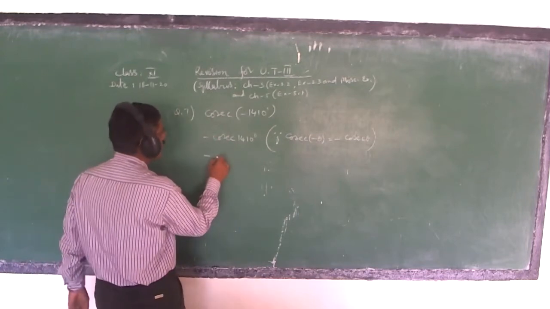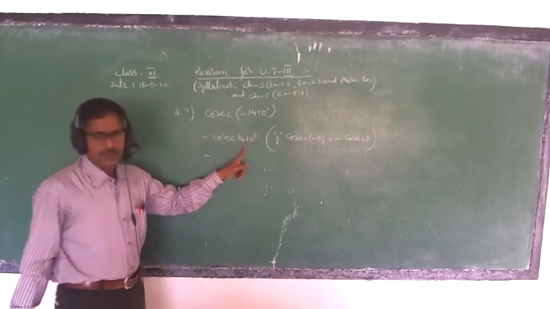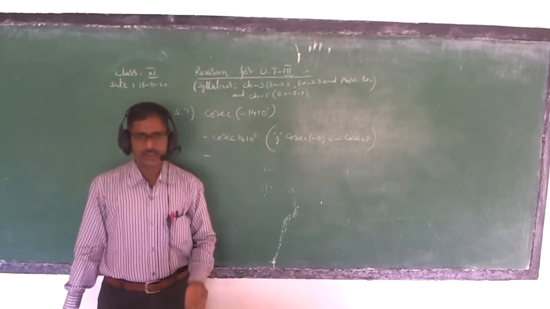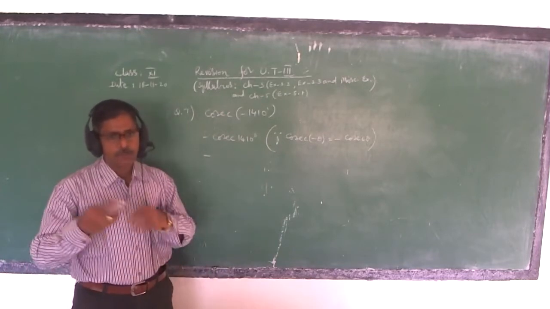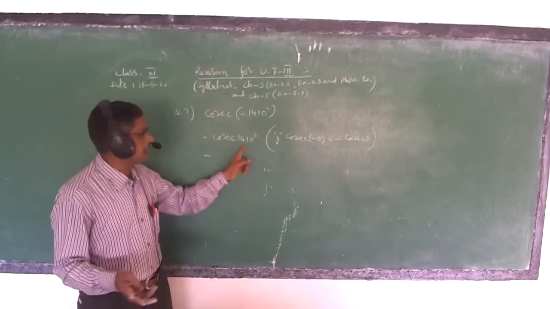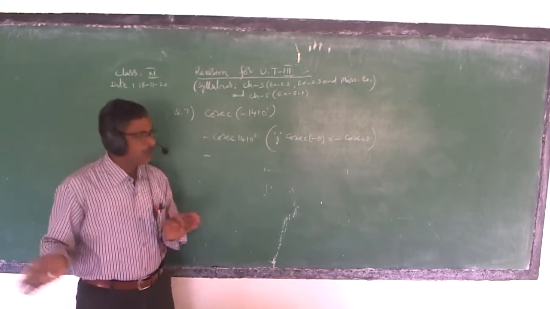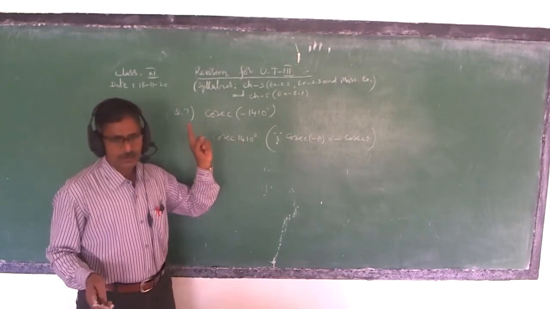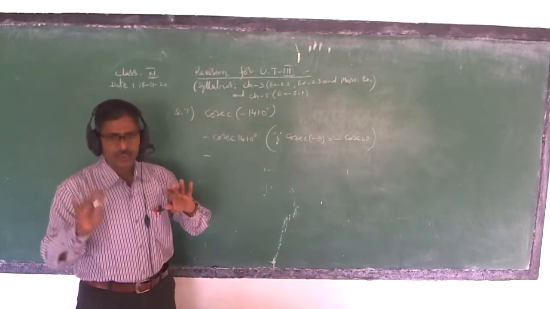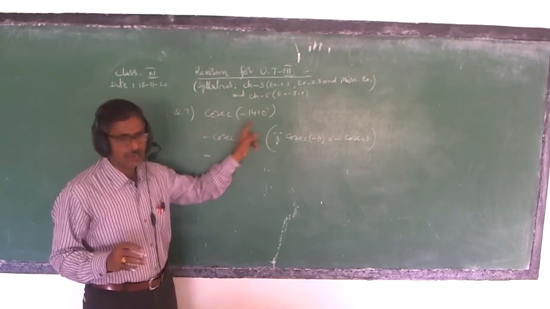Now, if the given angle is more than 360 degrees, see how many complete 360s are there in that angle. You subtract those many complete 360s from the given angle. Then the leftover angle will be equal to this angle only.